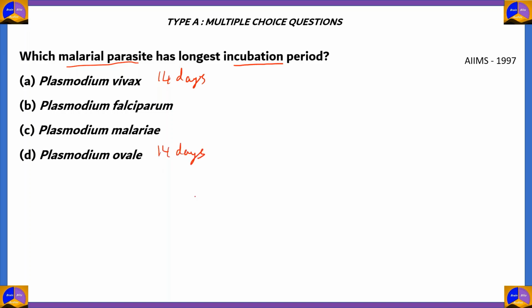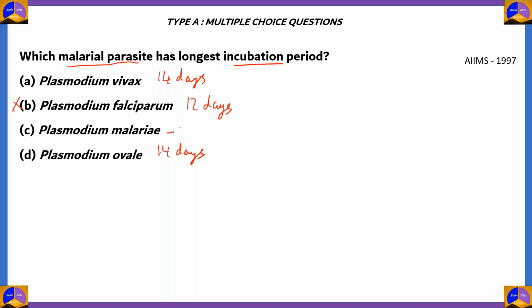Sounds pretty long, right? Well, wait till you hear the other options. Option B, Plasmodium falciparum. This has an incubation period of 12 days. Now, since we know that from among the three, this is not the longest, we can safely conclude option B as incorrect.